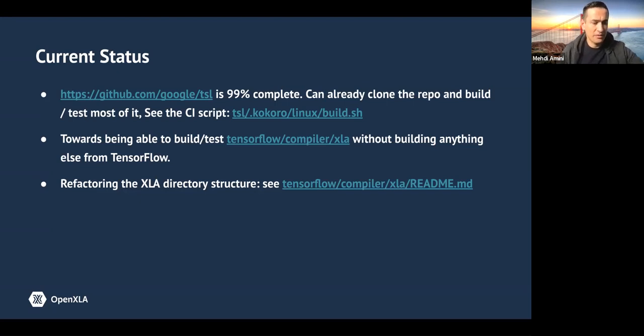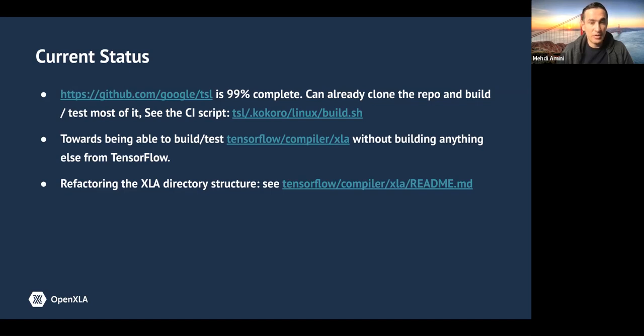As part of this work, we've also figured that the current directory layout in XLA is a bit confusing. For example, the service directory has 238 headers and public components exposed, which is huge. It's a huge flat structure. We are also developing the new MLIR flow for the XLA compiler in there.